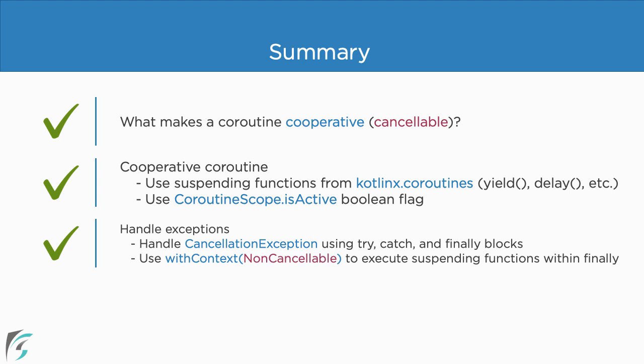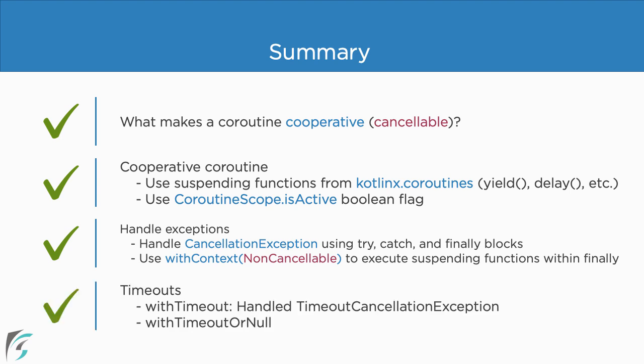Then moving on, we explored how to handle CancellationException while cancelling a coroutine by using try, catch, and finally blocks. And along with this, we saw how to use the withContext function to execute a suspending function within the finally block. Then we explored the topic of timeouts. And for that we saw the withTimeout function as well as the withTimeoutOrNull function. And in case of the withTimeout function, we also saw how to handle TimeoutCancellationException, which is basically a subclass of the CancellationException.